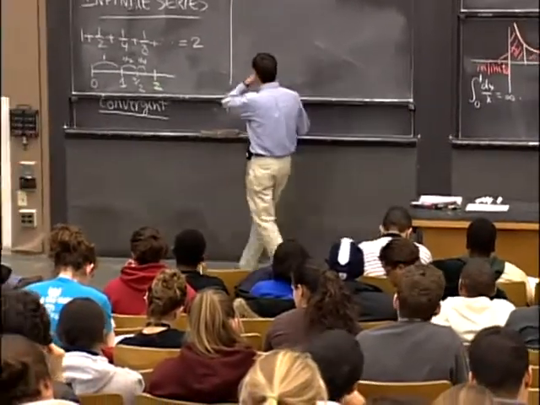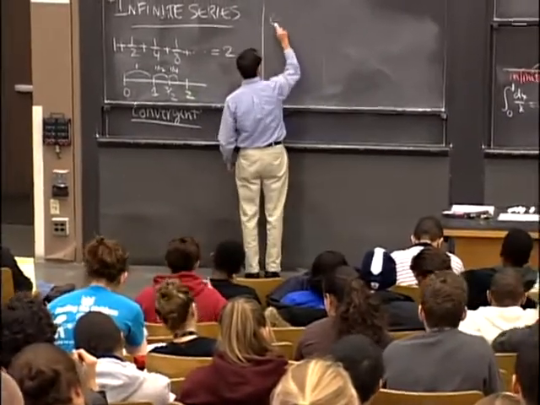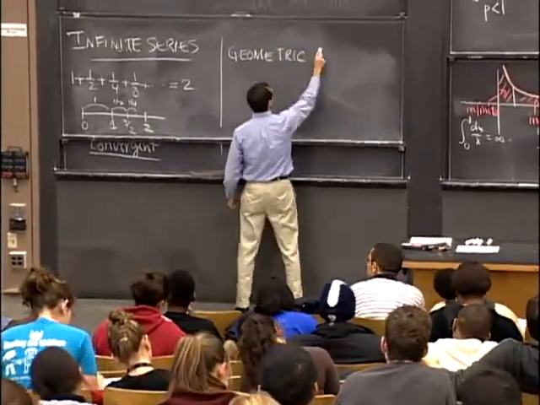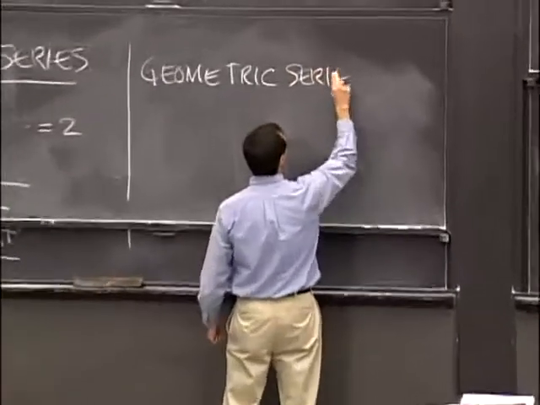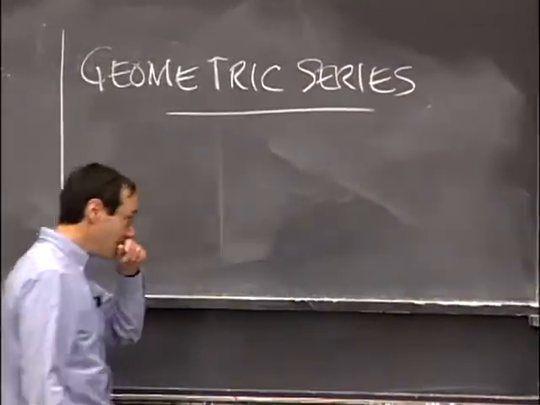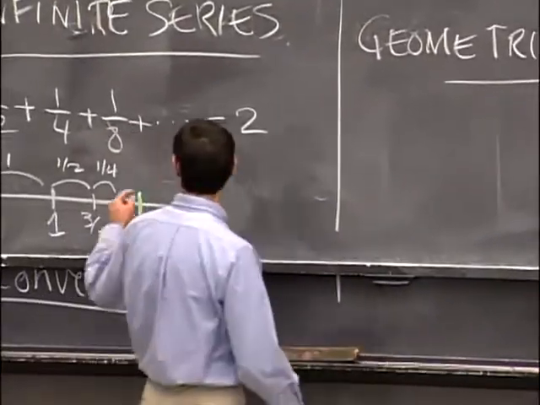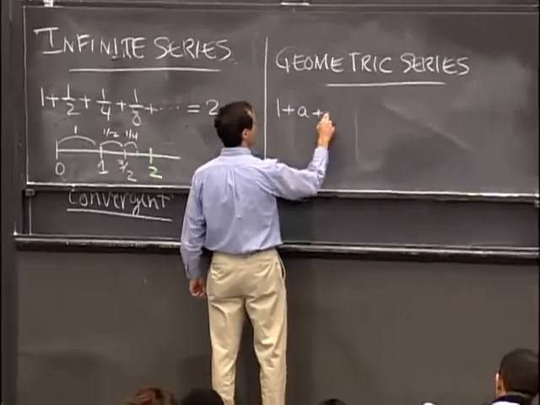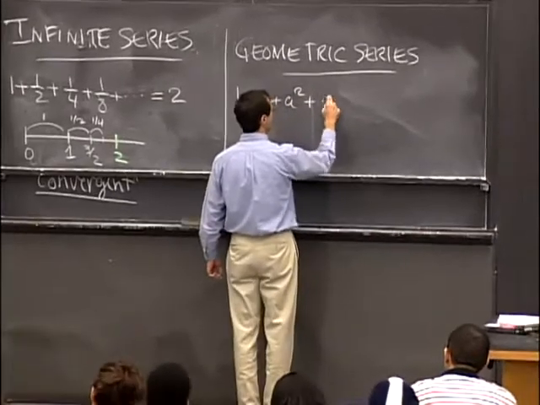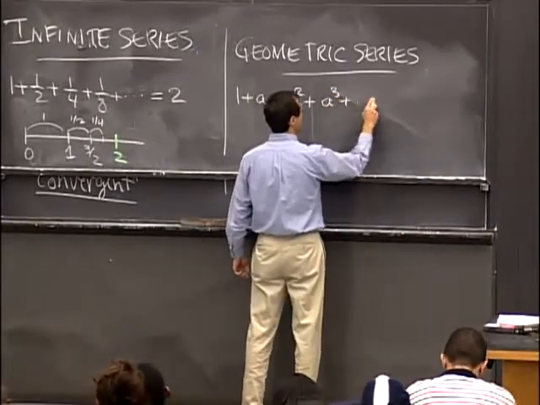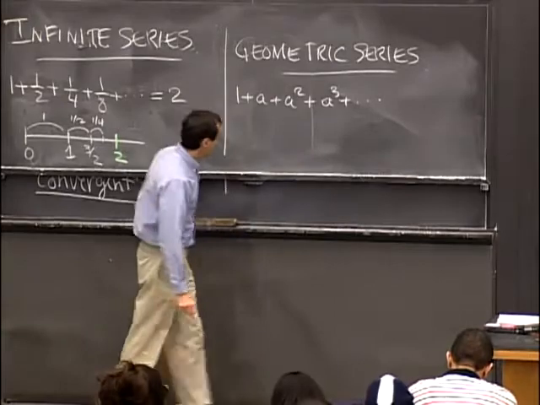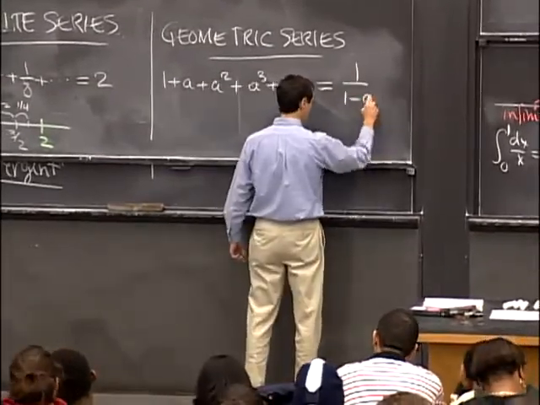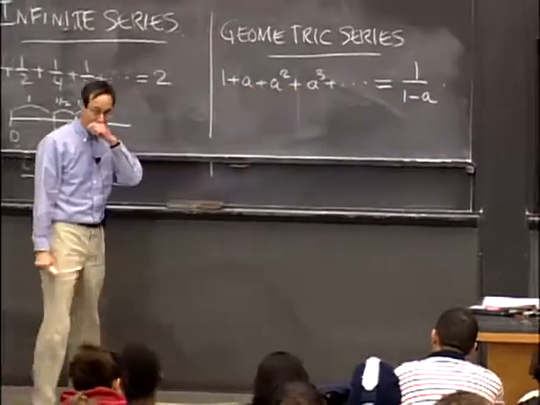Now, the general case of a geometric series is where I put in a number a instead of a half here. So that's 1 plus a plus a squared. Isn't quite the most general, but anyway, I'll write this down. And you're certainly going to want to remember that the formula for this in the limit is 1 over 1 minus a.